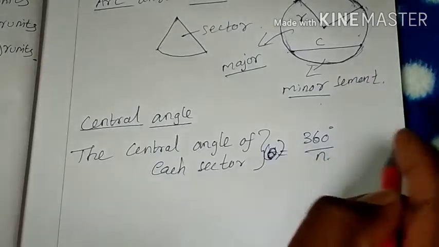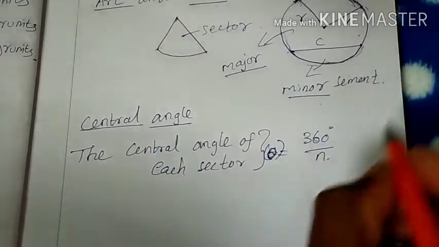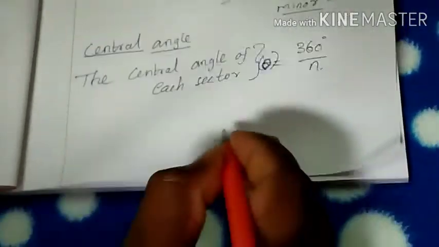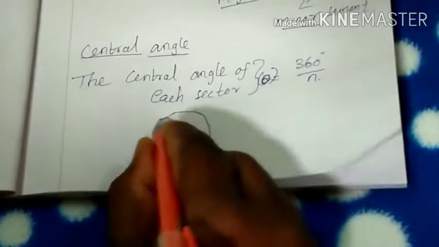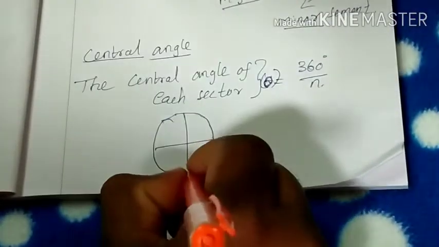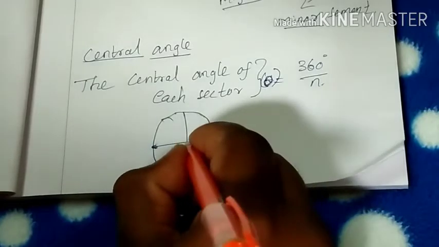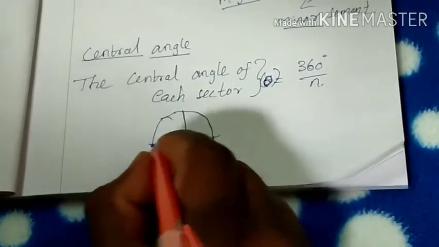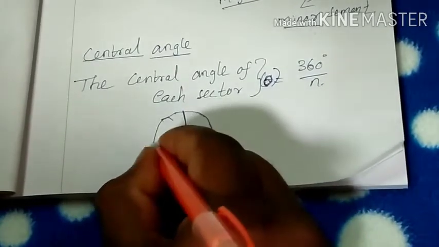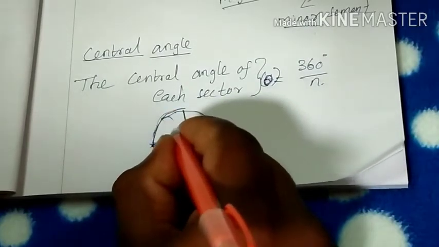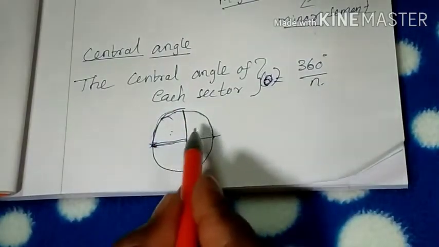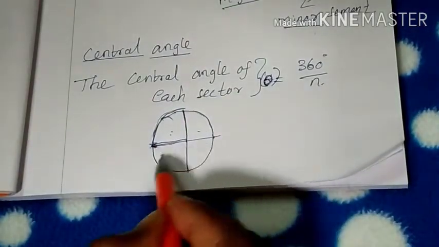Suppose you draw a circle and split it into four sectors. The region enclosed by two radii and the circular arc is one sector. So there are four sectors.